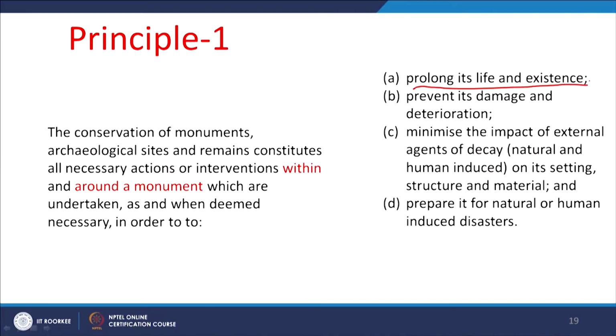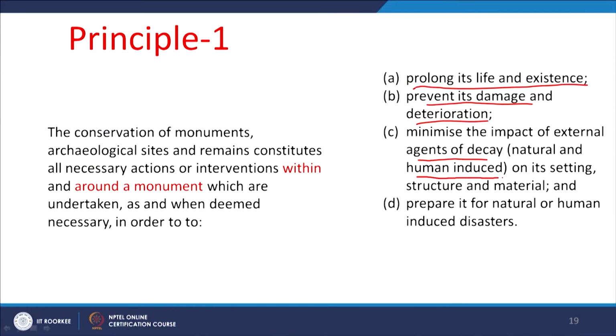Why we have to do this is to prolong its life and existence, and prevent its damage and deterioration. Imagine you construct an industrial building next to a heritage sector, how it will deteriorate. Like today you see in the Taj Mahal, what kind of impacts are due to the industrialization processes.